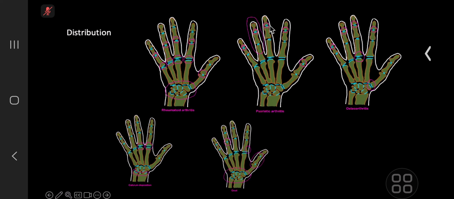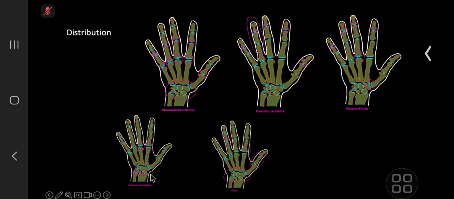It involves predominantly the distal interphalangeal joints, and you can appreciate the soft tissue swelling along with DIP joint destruction. In osteoarthritis, there is not much of a set spectrum, but very classic is the first MCP joint, and it can involve the proximal and also the distal joints.